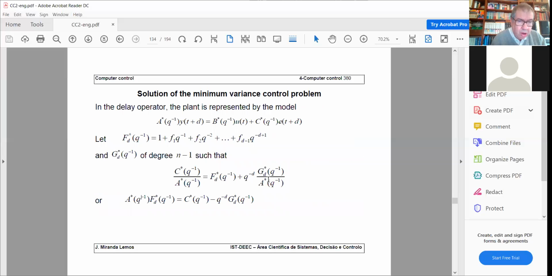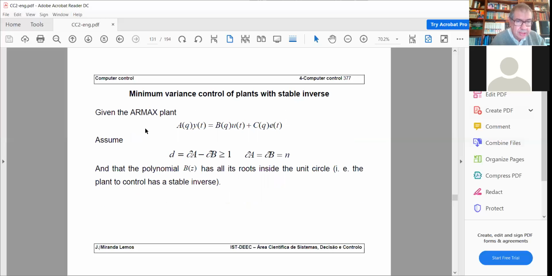Okay, now how can we do it? Let's enter the technicalities of designing minimum variance control. Now, instead of working with a forward shift operator, what shall I do? I shall multiply, remember my model. My model was this, okay? So I'm multiplying this by q^-n, and when I multiply q^-n by A(q), I get the reciprocal polynomial of A, which is now in q^-1.